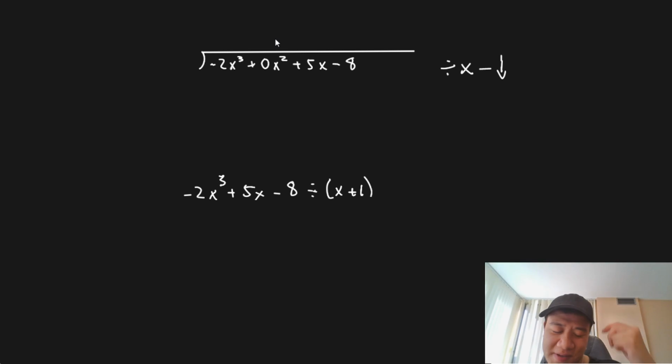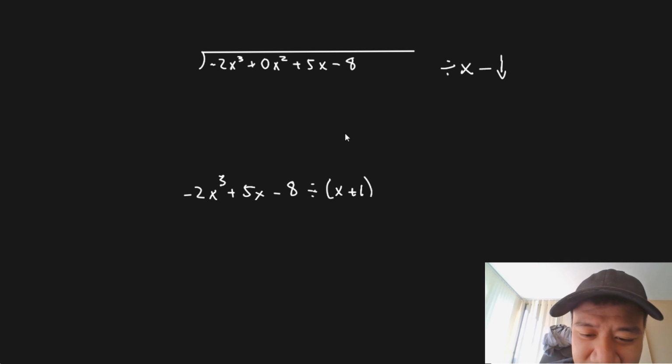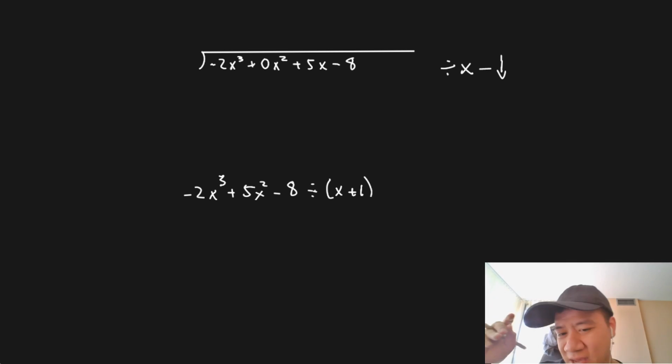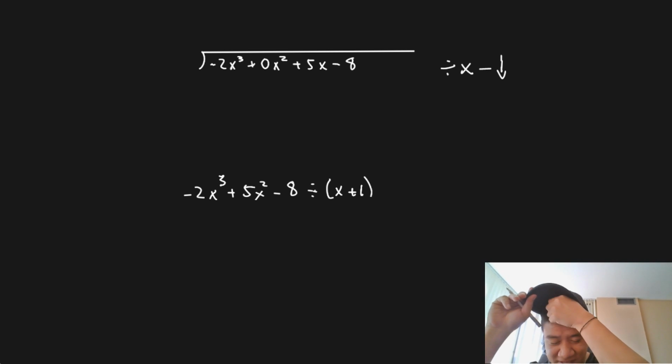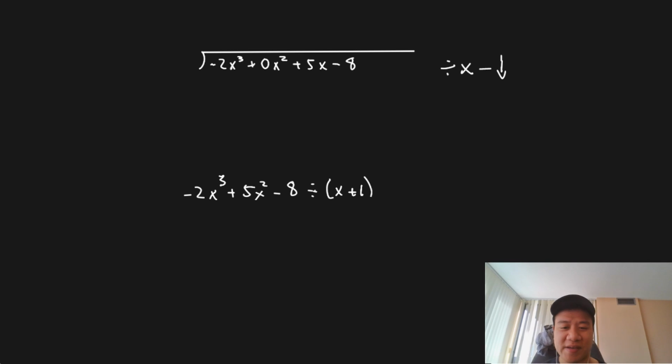So any terms that you're missing that you find in your polynomial, in this case it's our x squared term, we just need to put a placeholder term in our division thing. So in this case, our x squared term is missing, so we add 0x squared. So let's say, for example, if instead this is a 2, then our missing term would be x.